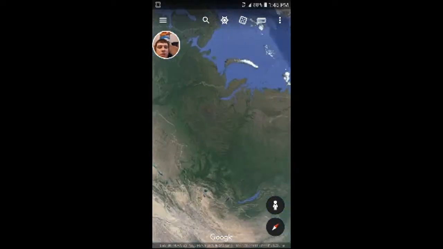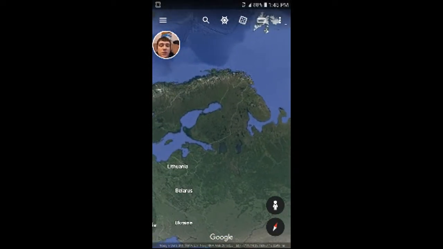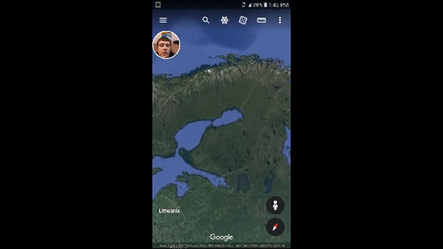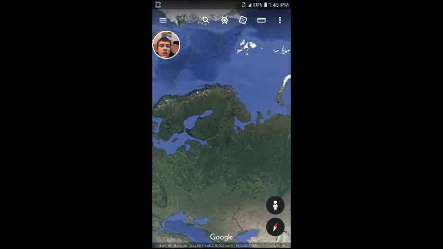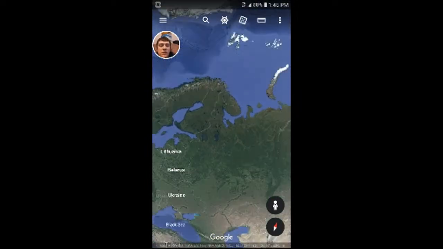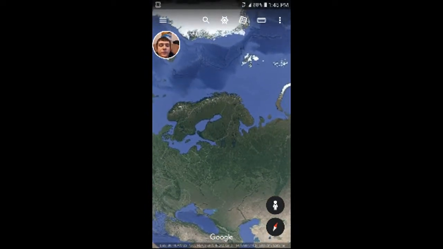When I started looking around over here, let's go over Europe, and what do you know? Finland, Switzerland, Norway, and this part of Russia here is very damaged from the snow and ice.